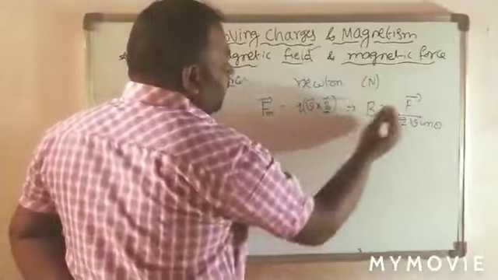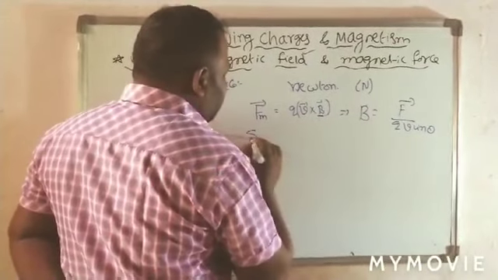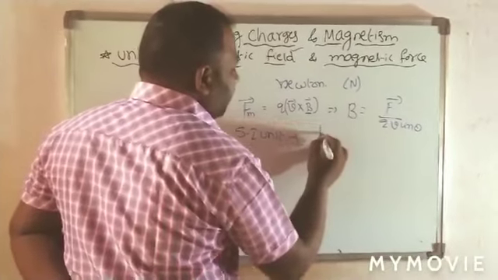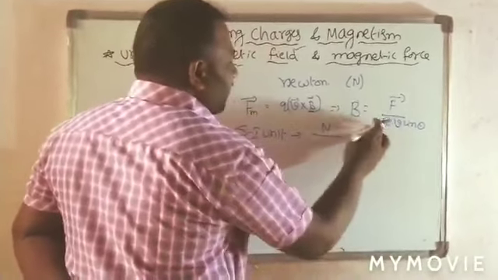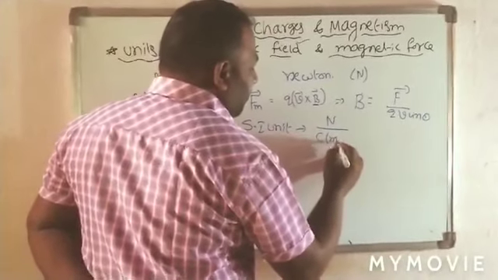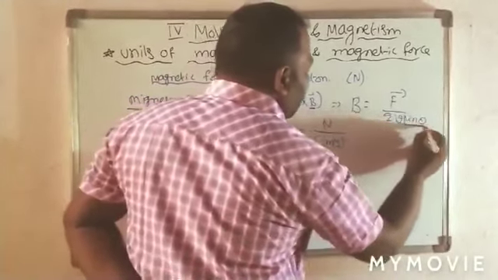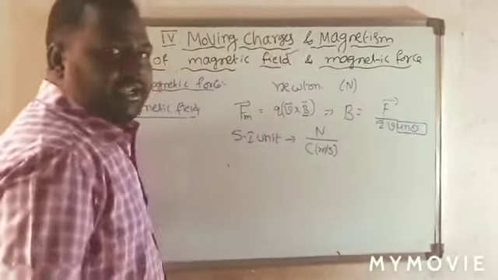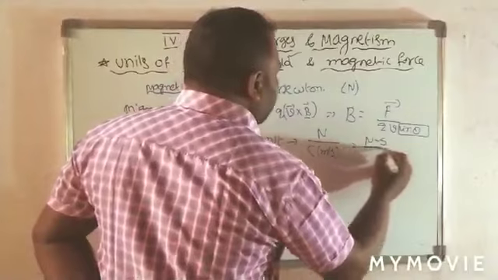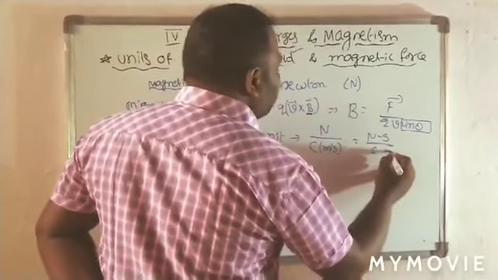So from that, the SI unit of this is: force unit is Newton, charge unit is Coulomb, velocity unit is meter per second, and the trigonometric term does not have any unit. So this is nothing but Newton second by Coulomb into meter.